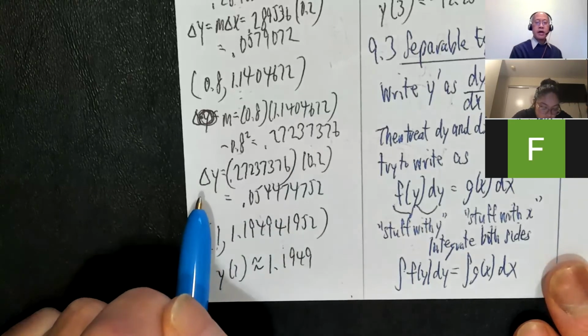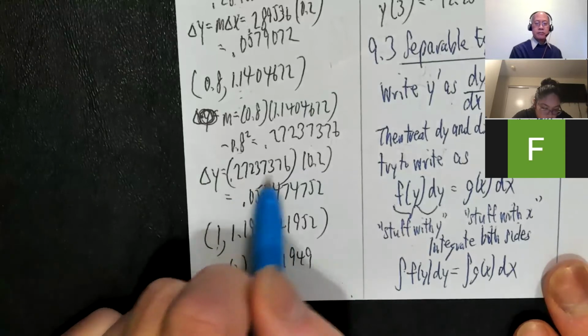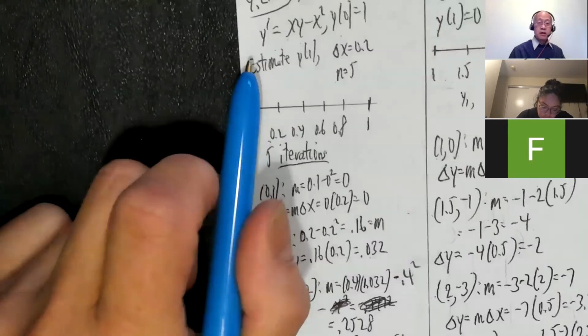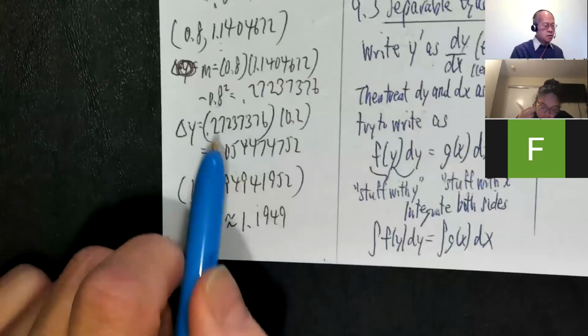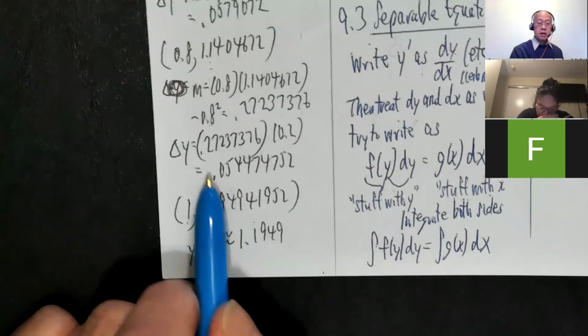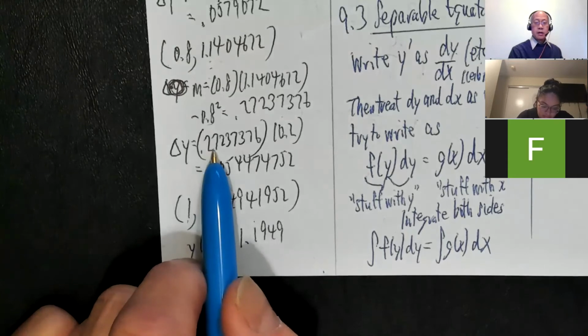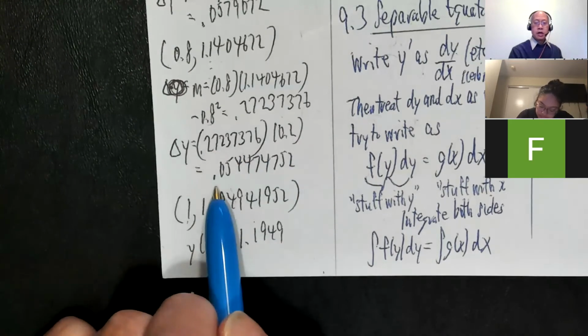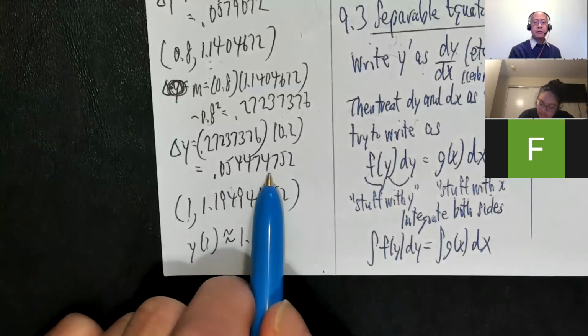And once again, delta y is m delta x. Here's my new m. M means slope. Y prime means slope. M delta x, punch it in the machine, 0.0544, and so on.